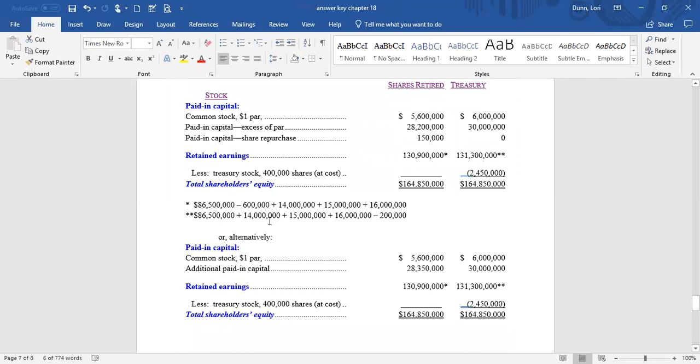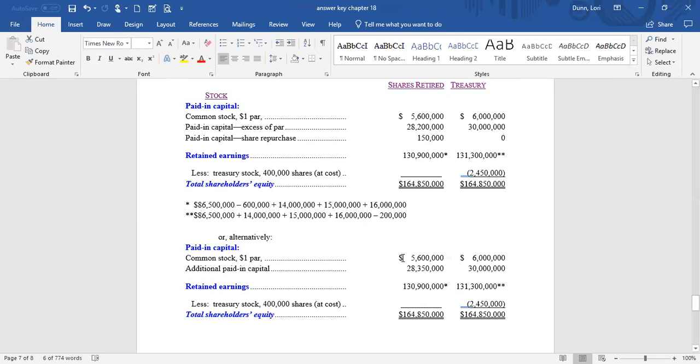Okay, they go on to tell us in part B, sorry about that. Net income for the year was 14 million for 2018, 15 million for 2019, and 16 million in 2020. So you have to make sure you add those net income figures to that original 86,500,000 and then subtract the 600,000 that was debited to that account during our journal entries.